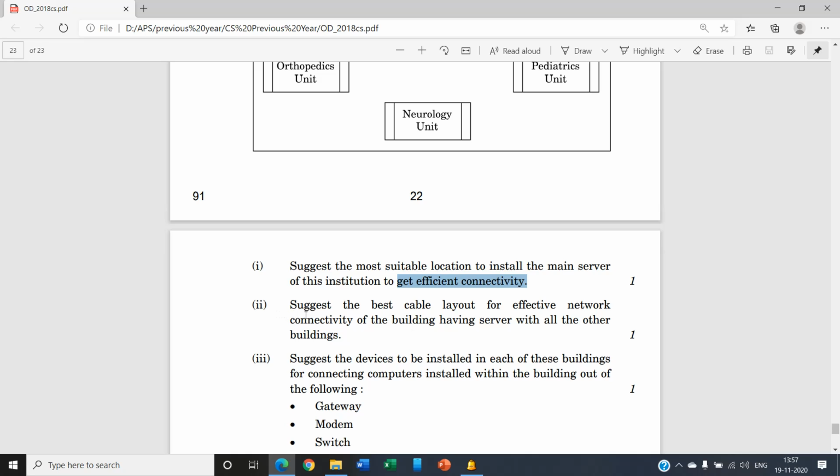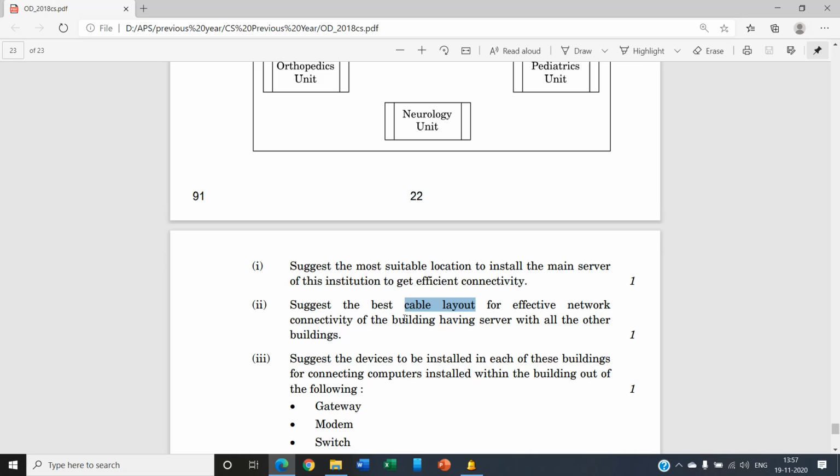Now coming to the second point: suggest the best cable layout for effective network connectivity of the building having the server with all the other buildings. Here also, cable layout for effective network connectivity. Same thing. Actually, I have gone wrong.